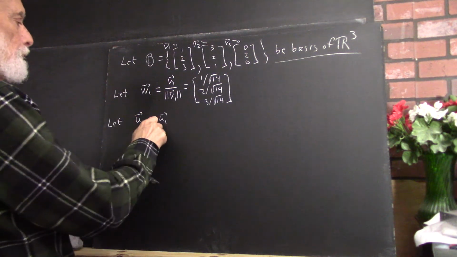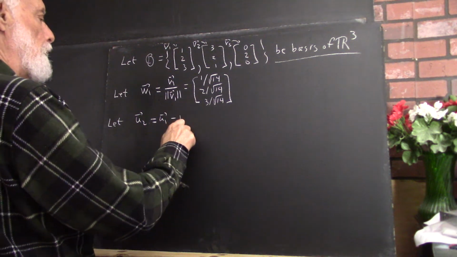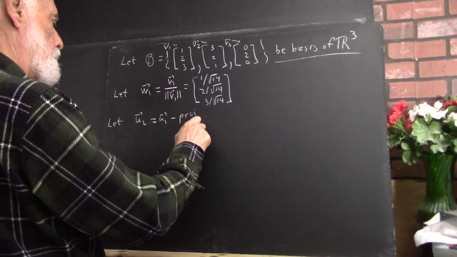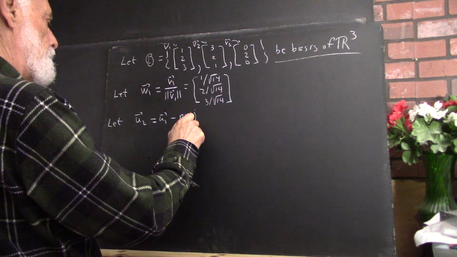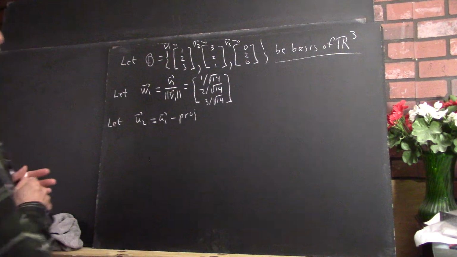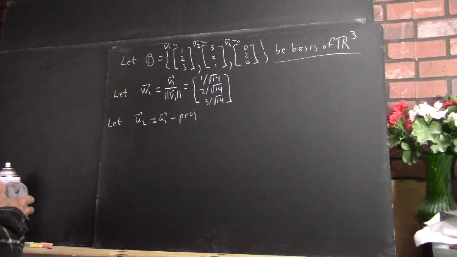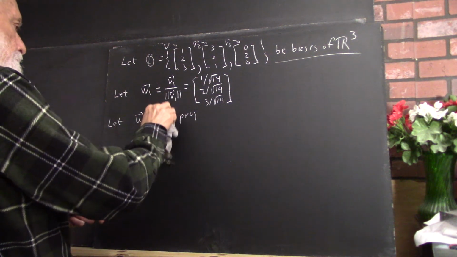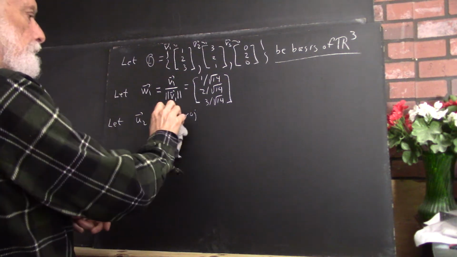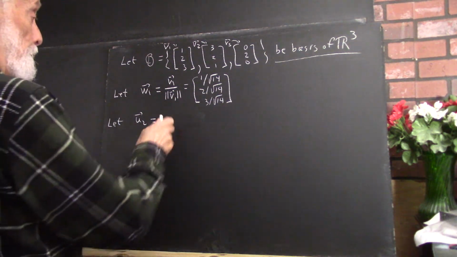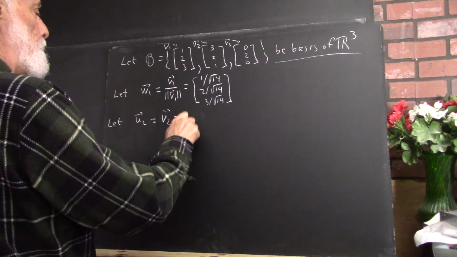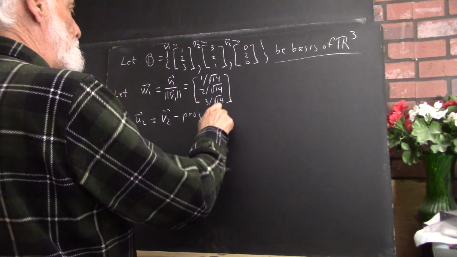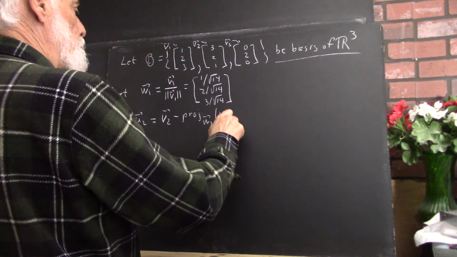We're going to let U2 equal V2 minus the projection onto W1 of V2.